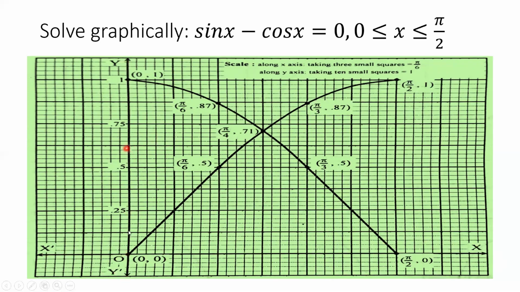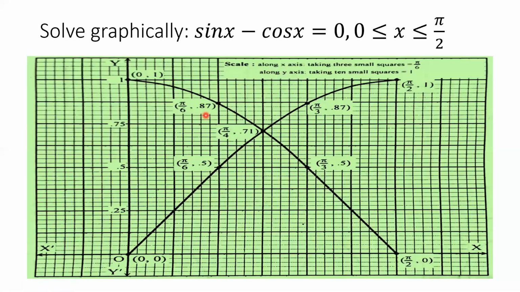You must write which one is the x-axis and which one is the y-axis, and you must write the scale: along the x-axis how many small squares you take as a unit, and along the y-axis how many small squares you take as a unit. You must put these values on the graph paper, otherwise you will not get marks.